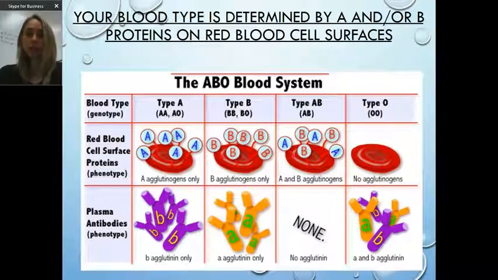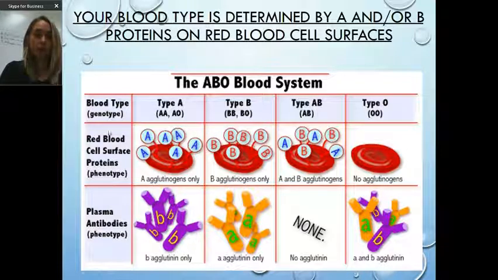So your blood type is determined by A and/or B proteins on the red blood cell surface, and you can see that pictured here. If you have blood type A, you have these A proteins on your blood cell surface. And in your blood plasma, or the fluid that surrounds your blood, you have these Y-shaped proteins called antibodies that are for that B protein.